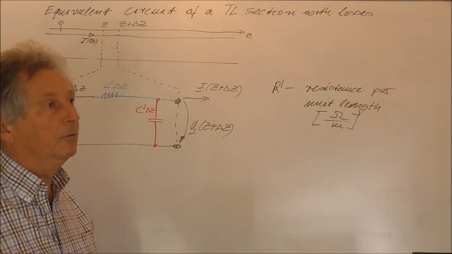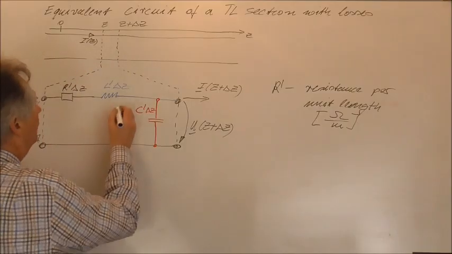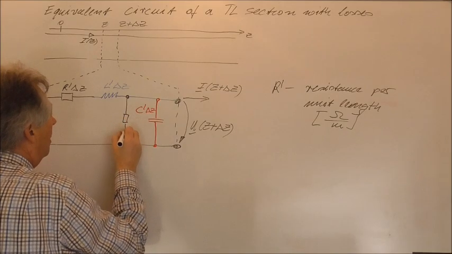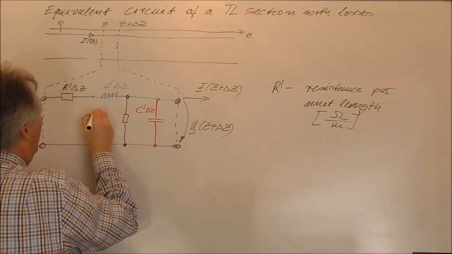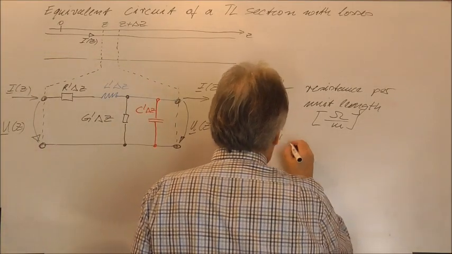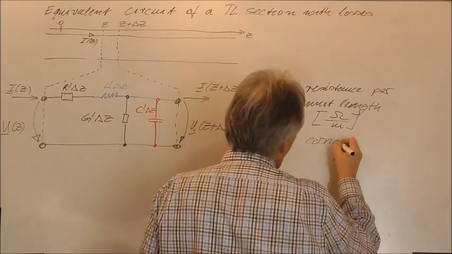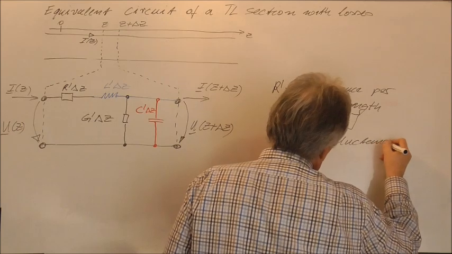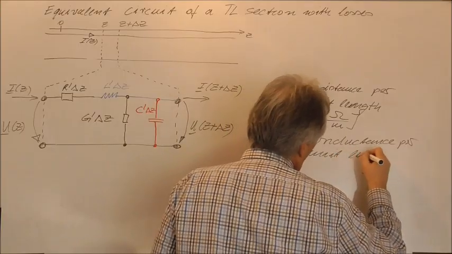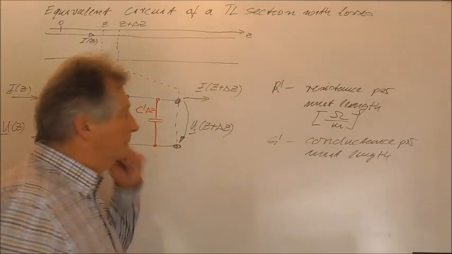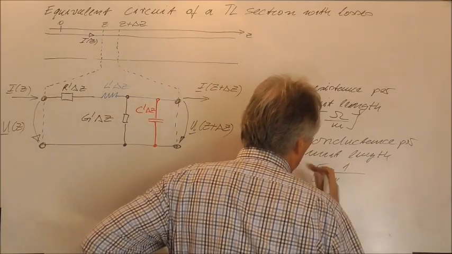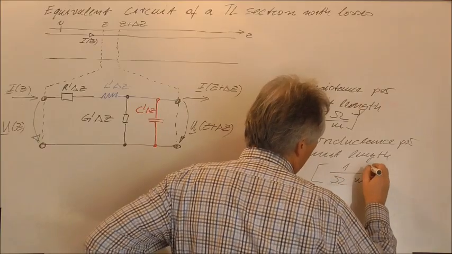You know, a real capacitor will always show some losses, and to account for the losses we must introduce here a further element, which we will call G prime times delta Z, and G prime will be the conductance per unit length, and it will be measured in 1 over ohm per meter.